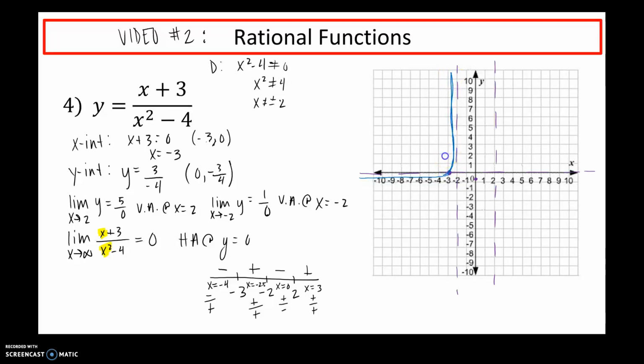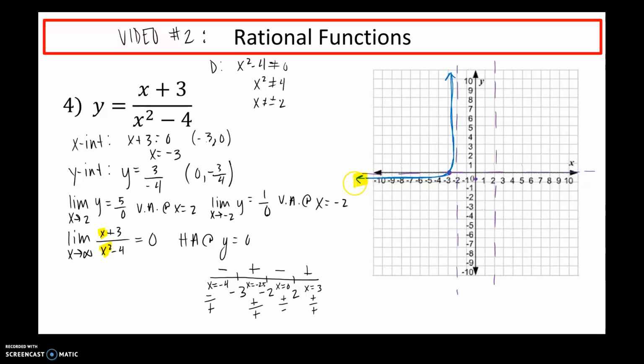Now we have something different happening here. My horizontal asymptote, I have an x-intercept on that. So how can that happen if we've said that asymptotes are things that graphs come really close to approaching but never actually do? What you need to understand is that to find a horizontal asymptote, we're looking at infinity. We're looking at the end behavior.